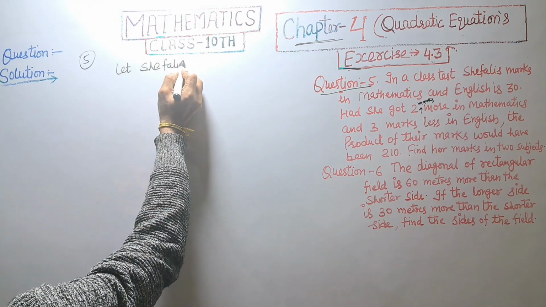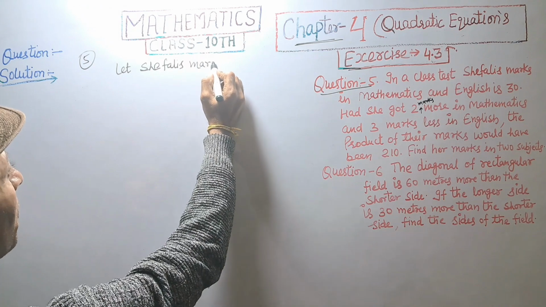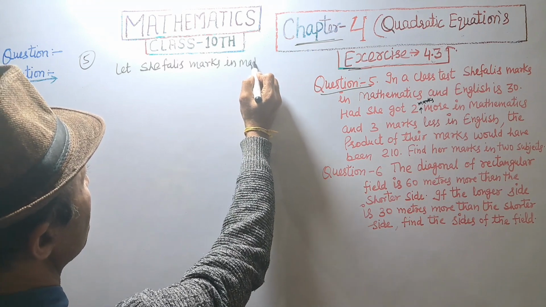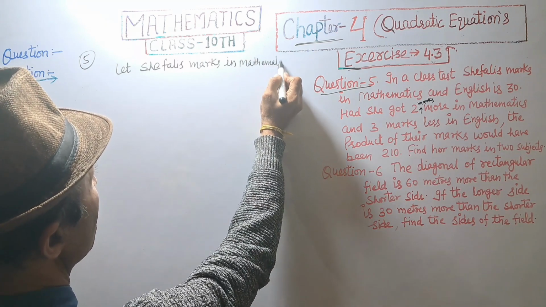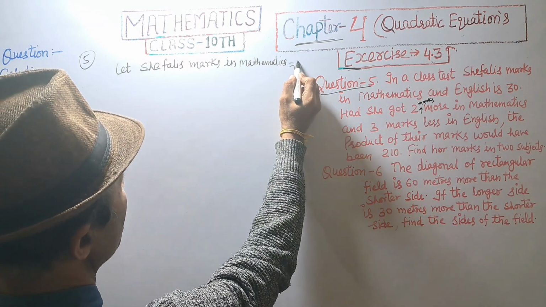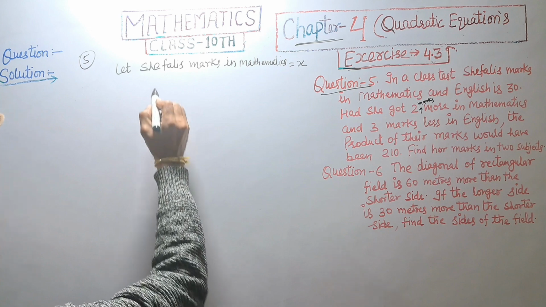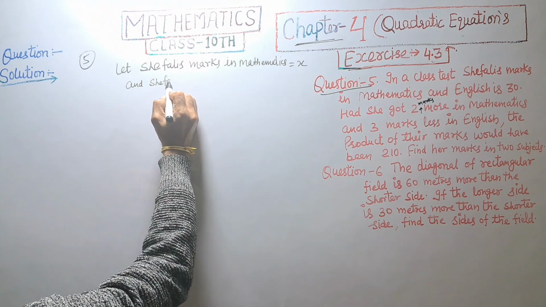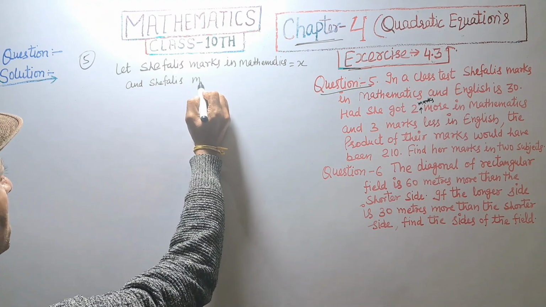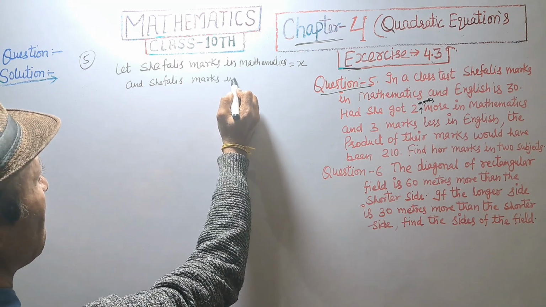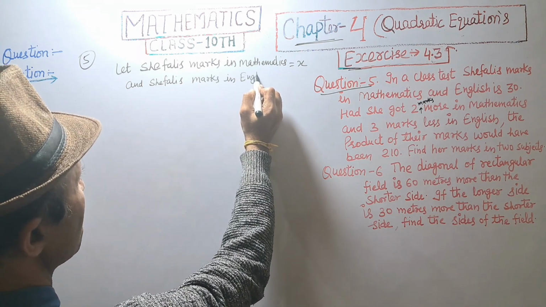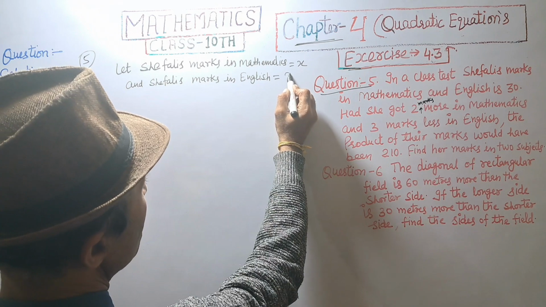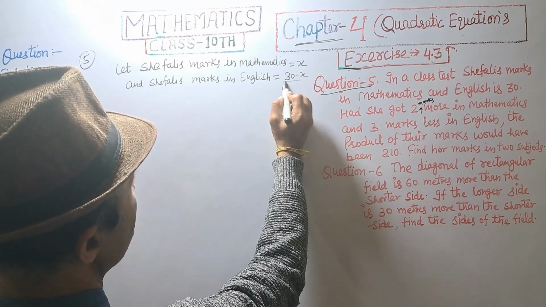Let Shefali's marks in mathematics be equal to x and Shefali's marks in English is equal to 30 minus x.